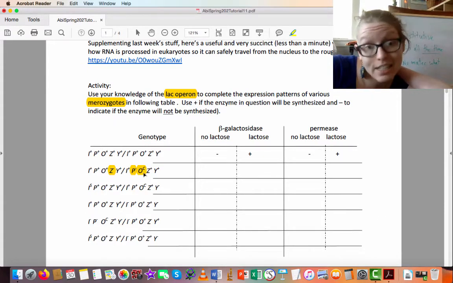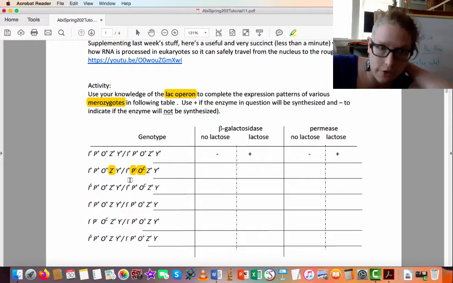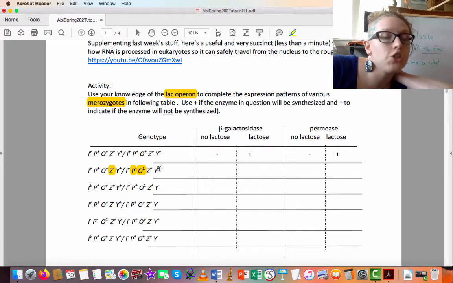So no matter how excited this operator is, it's not going to be able to recruit the RNA polymerase because the promoter isn't going to be able to successfully interact with the RNA polymerase. So neither of these two genes are going to get transcribed on this thing. So all we have is the activity of this one, and there's no Z there.